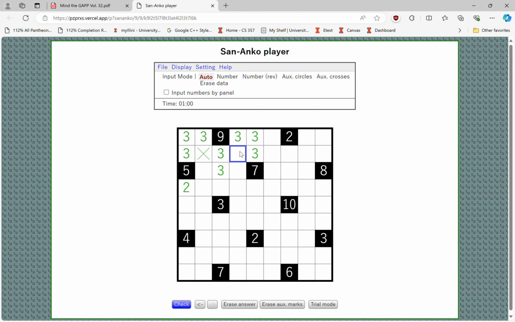I will real quick X out cells that can't have numbers in them. So there is that. That one can't because one of these 2 is going to be a 3. So, okay.